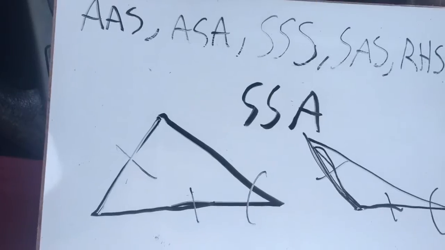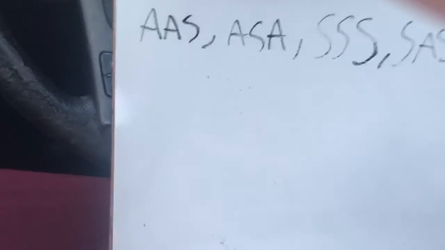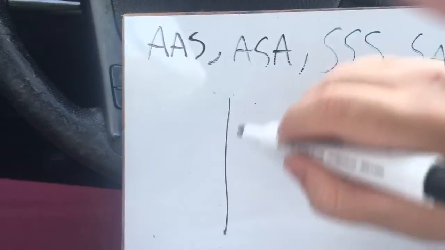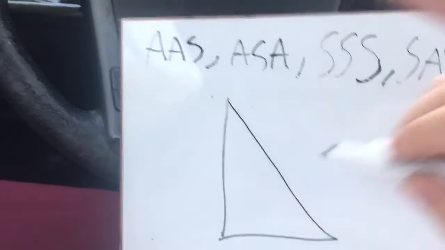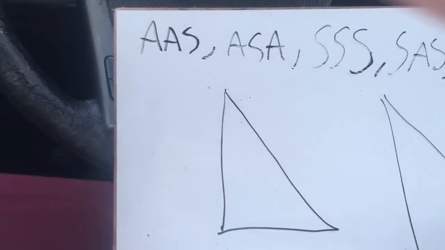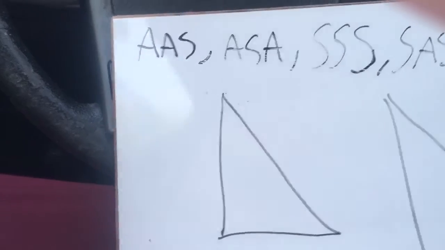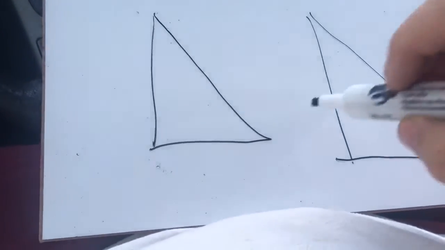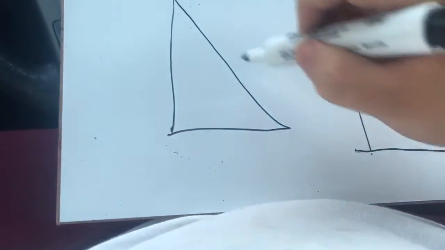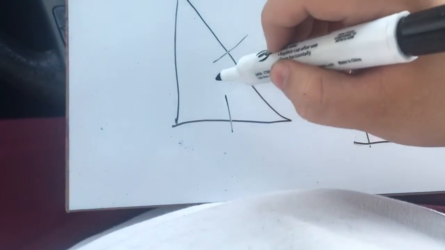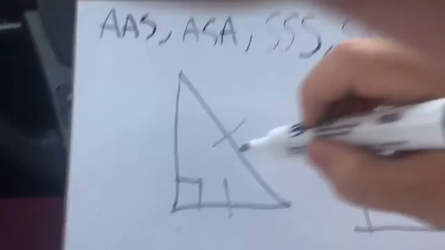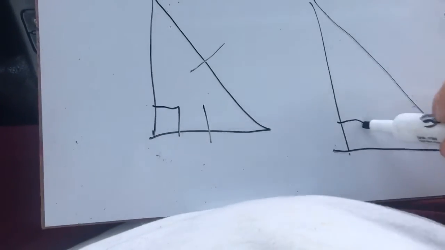Let's say you have two triangles, with side angle, and this is a right triangle, and this is a right triangle.